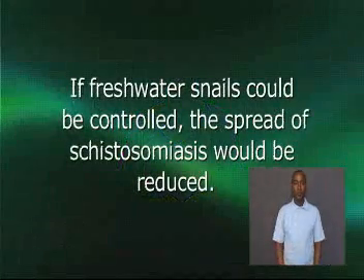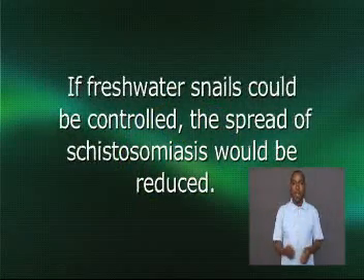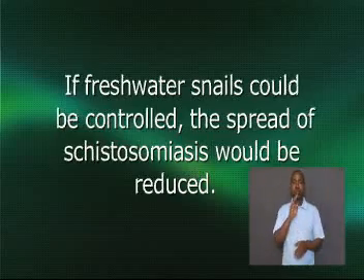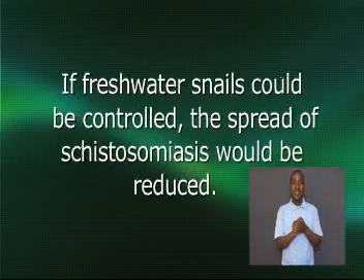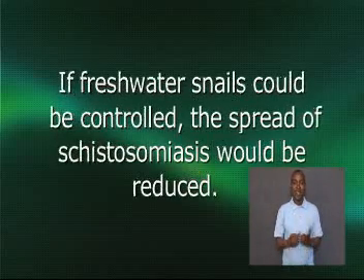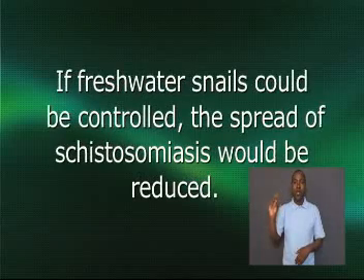Dr. Akiliu explained to fellow scientists that if endod berries were dried, crushed, and diluted in water, they would kill snails. This meant that if freshwater snails could be controlled, the spread of schistosomiasis could be greatly reduced.